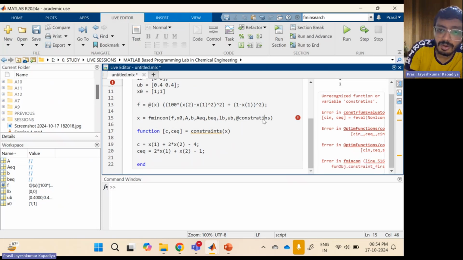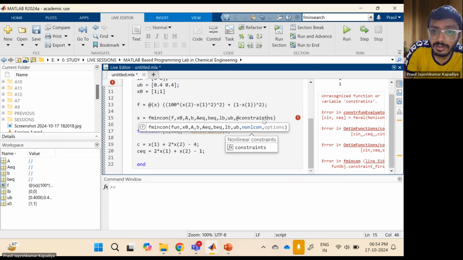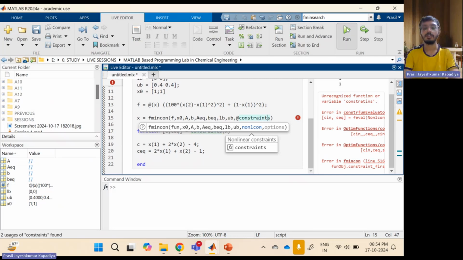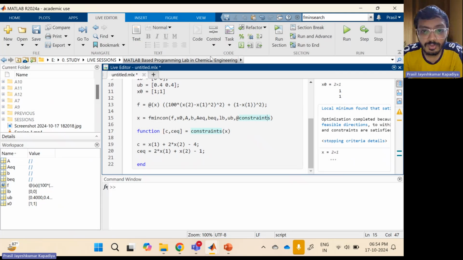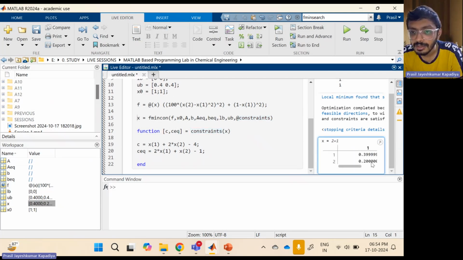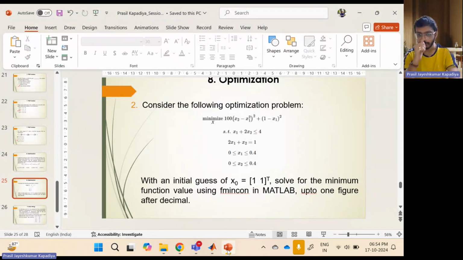Okay, here the spelling is wrong. Now it's correct. If I run it, we have found a solution that is 0.399, meaning 0.4, and 0.2. So 0.4 and 0.2 is my solution. So this is all about the optimization part. For optimization, we learned about the fminsearch and fmincon options.